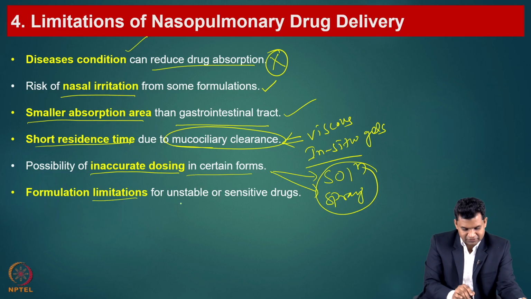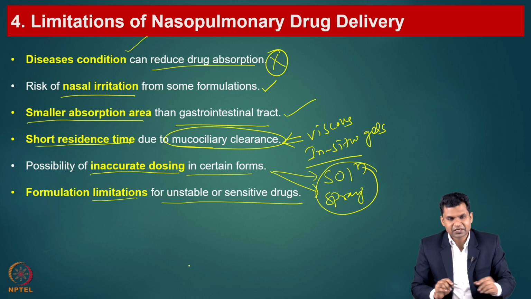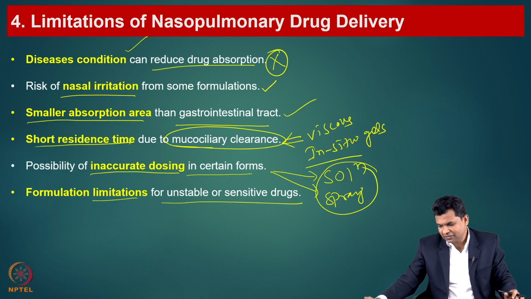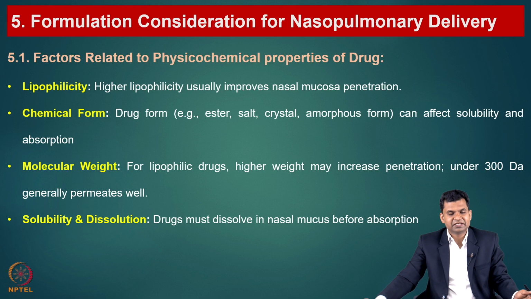Formulation limitation for unstable and sensitive drugs. There are drugs which are unstable, and we cannot convert them into the desired formats like dry powder inhalers or other inhalation formats. In such cases it is very difficult to deal with such drugs.